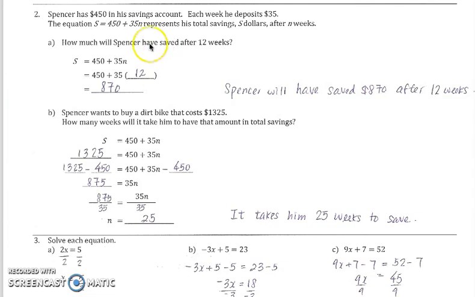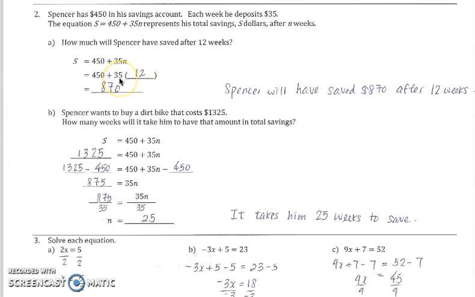So in that long equation, which letter or variable represents the number of weeks? It is N. So here, after 12 weeks, we have to substitute 12 into N. And so savings is 450 plus 35 times 12.